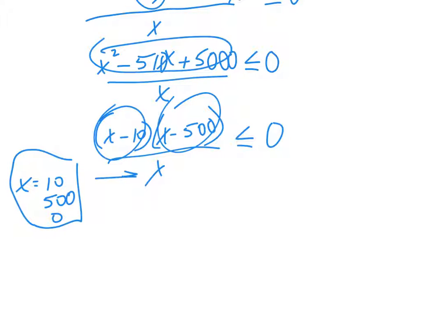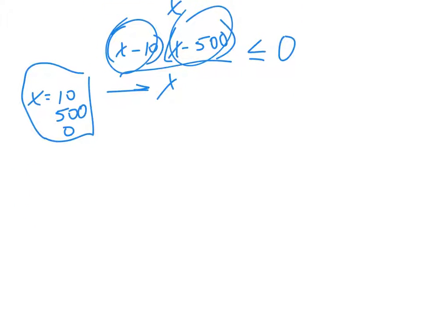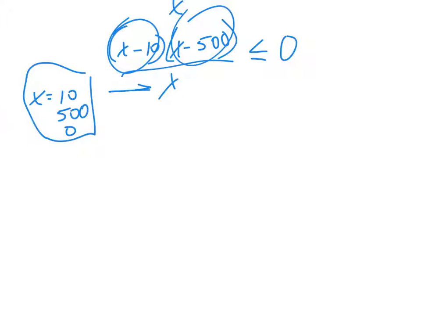Okay, so let's go ahead and see what we've got here. Let's do our whole line check for positive and negative numbers. So we've got 0, we have 10, and we have 500.